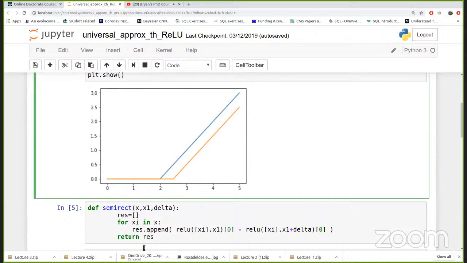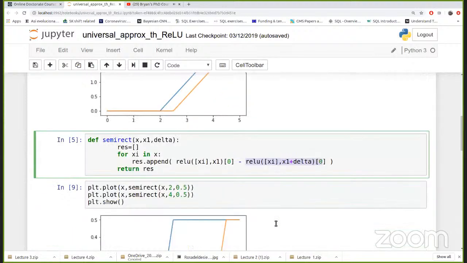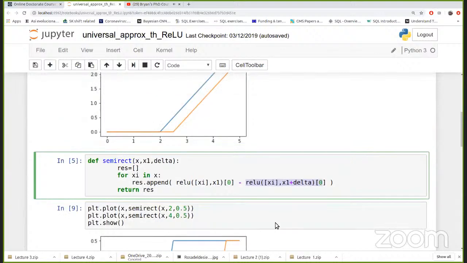if I now define something which is called semi-rect here, it is, by definition, just subtracting two of these ReLUs. And if I do that and plot it, I get this. Obviously, because this is 0 up to 2, then it starts growing until the moment where the orange function also starts growing.